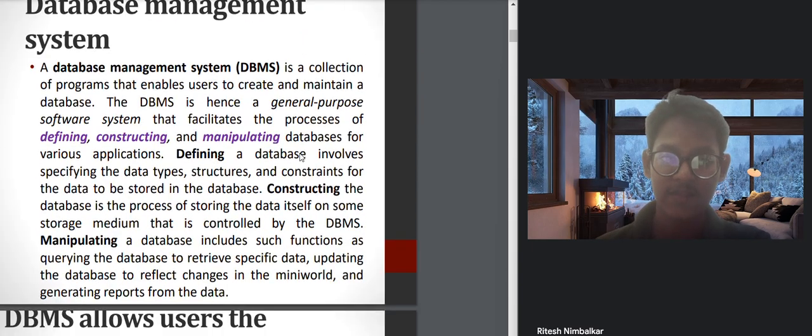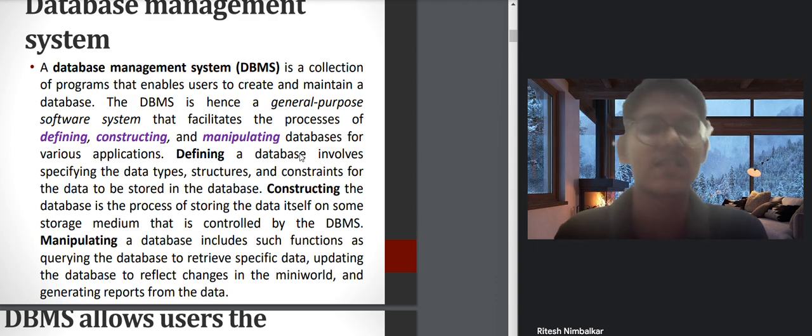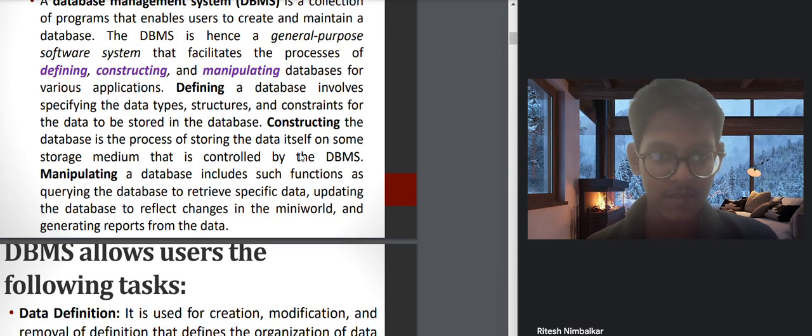A database management system was just a collection of programs that enable the user to create and maintain the database, using various correlated options such as defining, constructing, and maintaining various applications. Defining involves creating the databases.